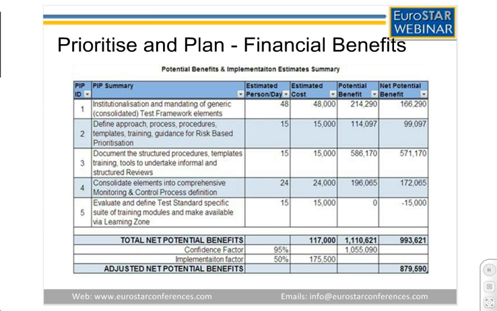From the financial benefit point of view, you can see here this is a real example of a case study we've got for a particular client of ours, where there were 5 items we deemed needed to be done. They were the priority. The 5th one, as you can see, if you look in the 5th column along potential benefit, has no tangible benefit to the individual, to the organisation, but without the training, the other 4 elements wouldn't work.